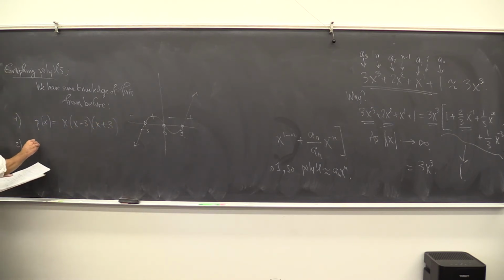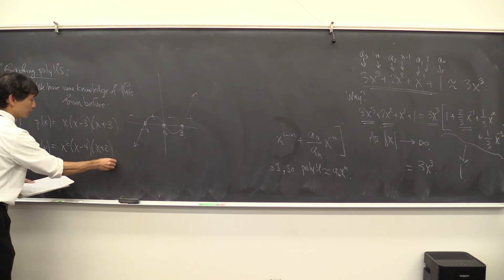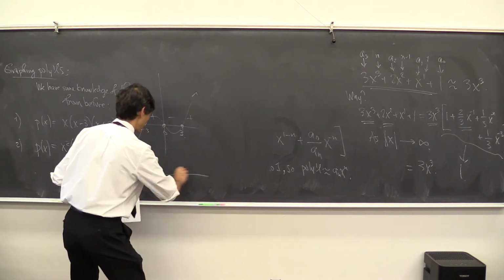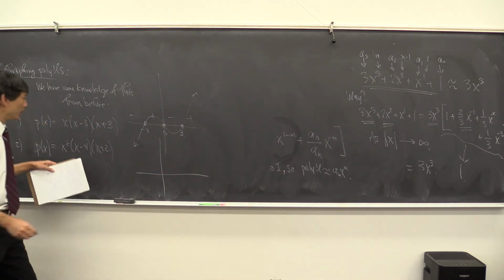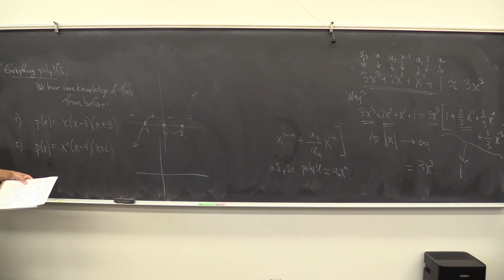Okay. Here's another one. P of x is x squared times x minus 4 times x plus 2. This one's a little bit more complicated, but in any case, where does it cross the line y equals 0?